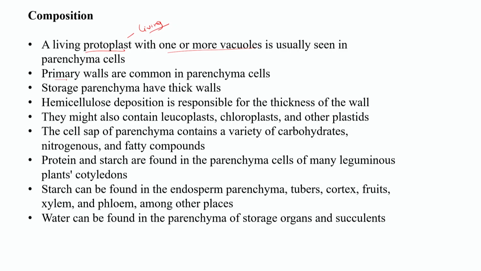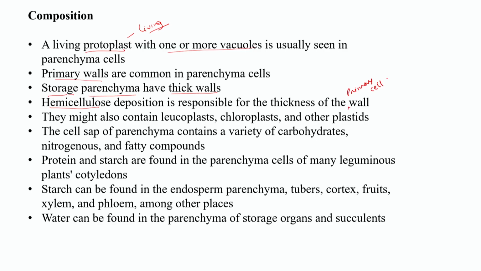Primary wall we have discussed before: since it is living tissue, it will contain a thin primary wall made up of cellulose. However, thick walls could also be there, as in the case of storage parenchyma, because they are not so active and their main function is storage. It is important to remember that hemicellulose is present, which is responsible for the thickness of the primary cell wall.